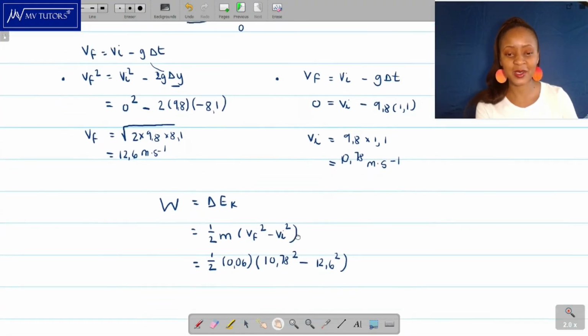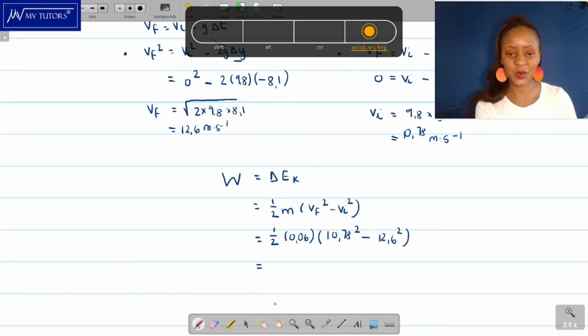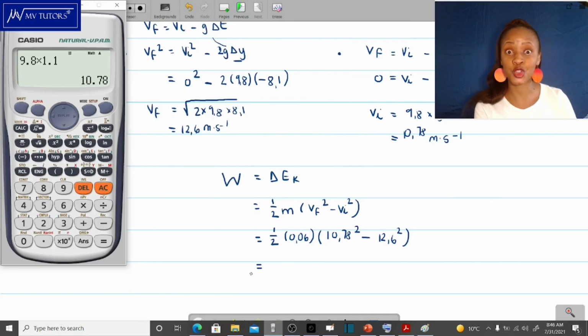And then we're going to call upon the calculator again. And let's see, what is the work done? Remember, work done is measured in joules. Okay. So we have 0,5 times 0,06, and in our brackets we have 10,78 squared minus 12,6 squared.